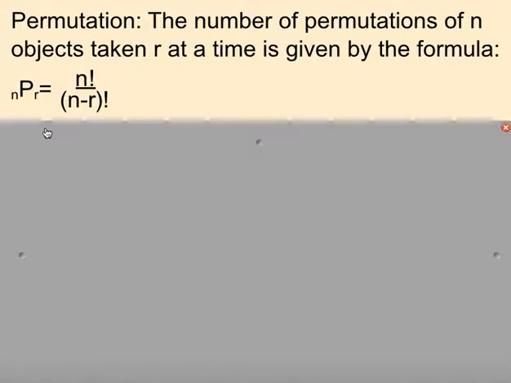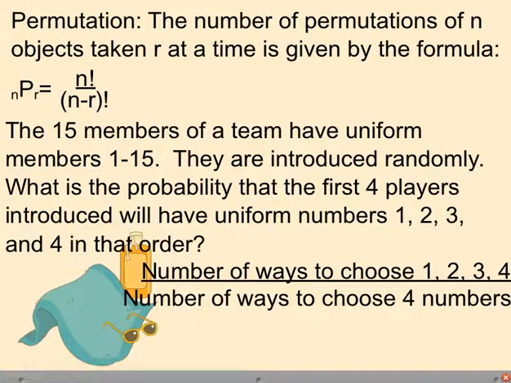Okay, and just 2 more examples for you. I'll just do this one and you can try the other one for yourself. The 15 members of a team have uniform numbers of 1 through 15. They are introduced randomly. What's the probability that the first 4 players introduced will have uniform numbers of 1, 2, 3, and 4 in that order? So this is a probability.